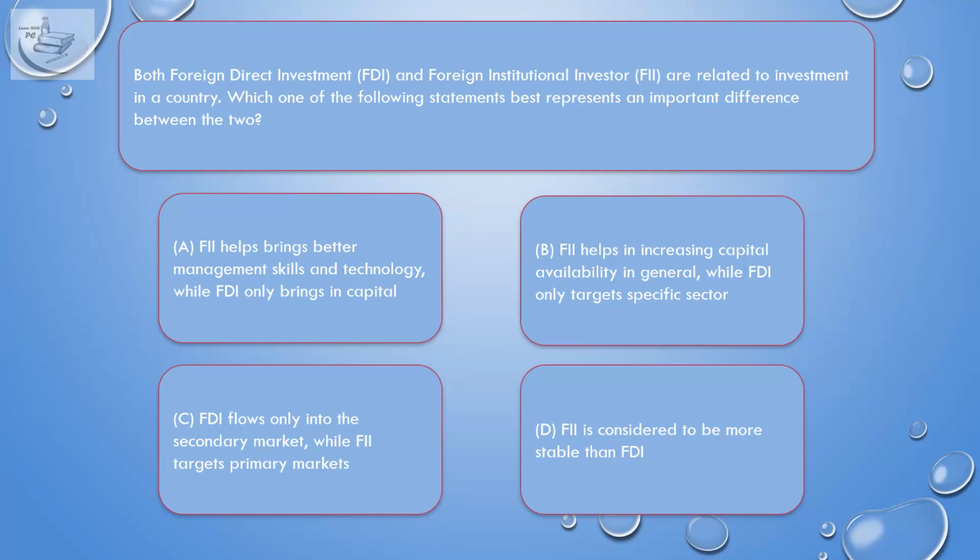C. FDI flows only into the secondary market, while FII targets primary markets. D. FII is considered to be more stable than FDI. Correct answer is B. FII helps in increasing capital availability in general, while FDI only targets specific sector.